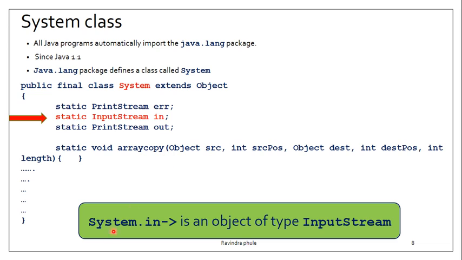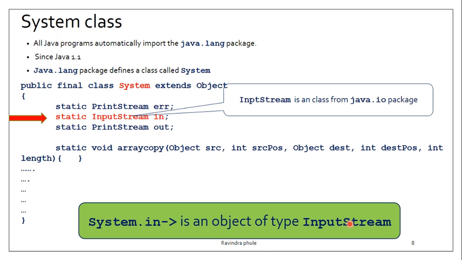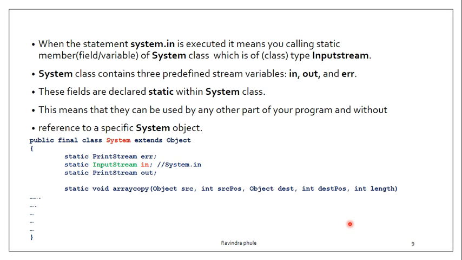So when I say System.in, it is an object of InputStream. Indirectly, I am invoking the in object of the InputStream class from the System class. This might be a bit confusing, but try to understand. InputStream is a class from the java.io package.